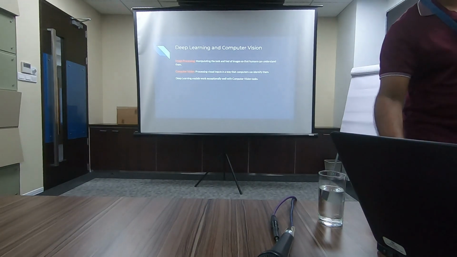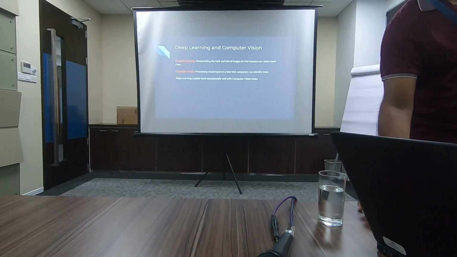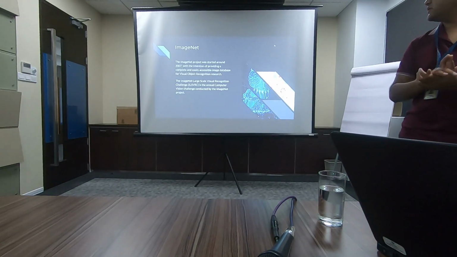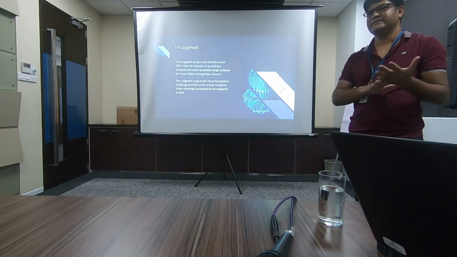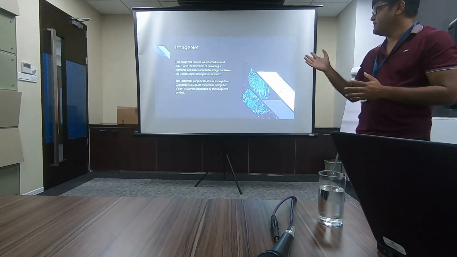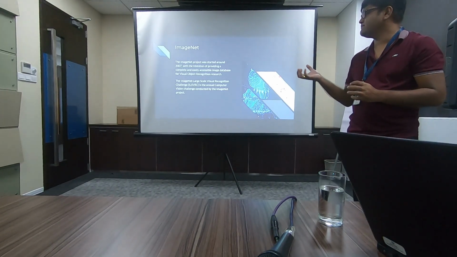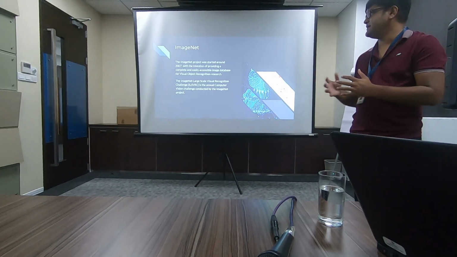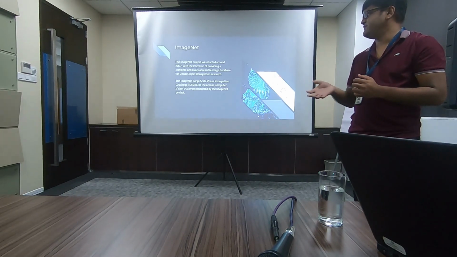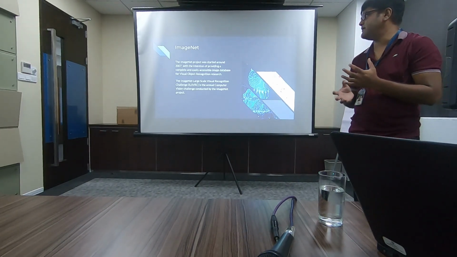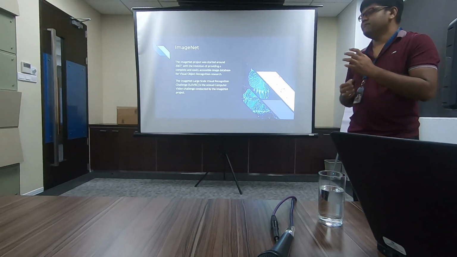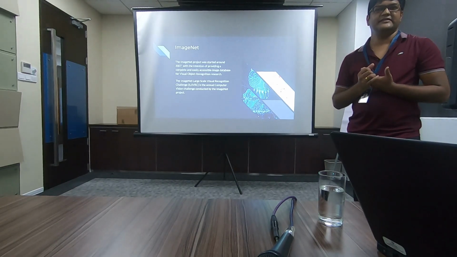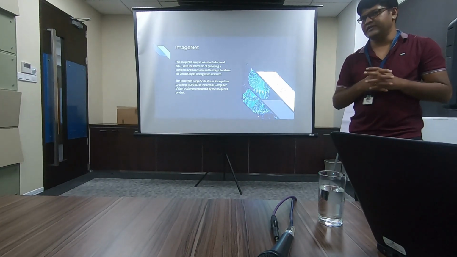So, when we are talking about recent advancements in computer vision, we should definitely mention the ImageNet project. It actually started in 2007 with the goal of giving a complete image dataset for researchers to build their AI models on.